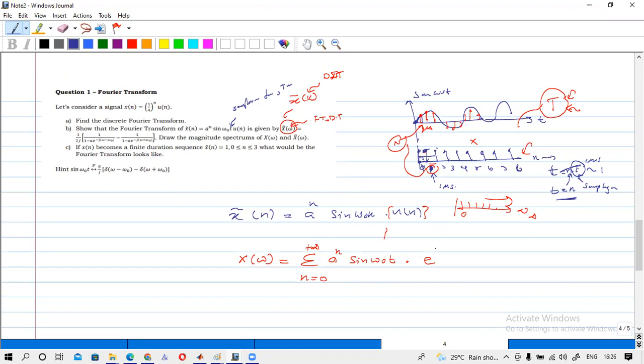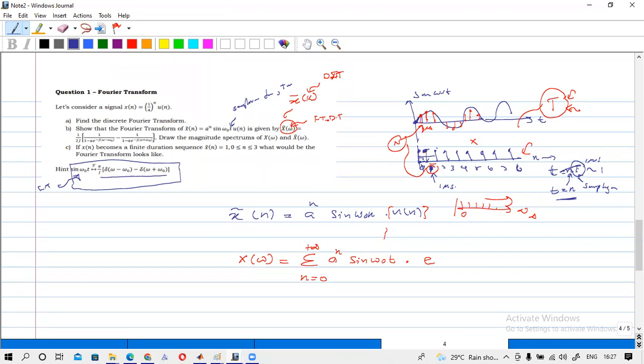But sometimes we will see, because here it is said that we are given a hint. I have seen it now. Actually, we are given a hint, and it is sine omega t, so it is in the continuous time domain. If you take the Fourier transform for sine omega t in continuous time, you get this.